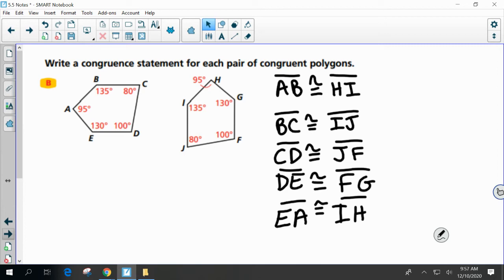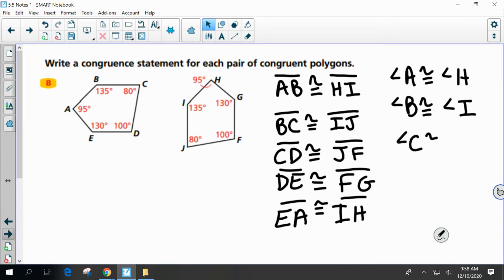Okay, then we need to go through our 5 angles. Angle A is congruent to which angle? H. Angle B is congruent to angle I. Angle C goes with what?